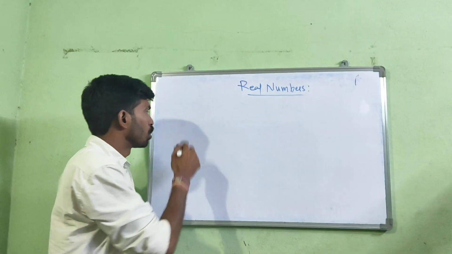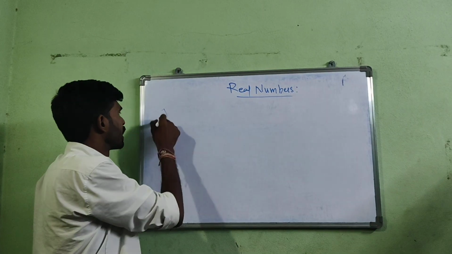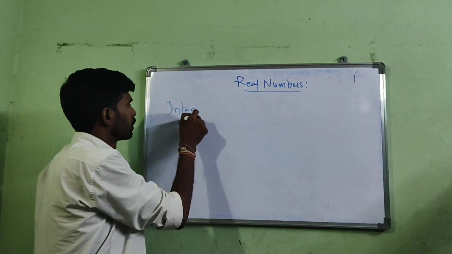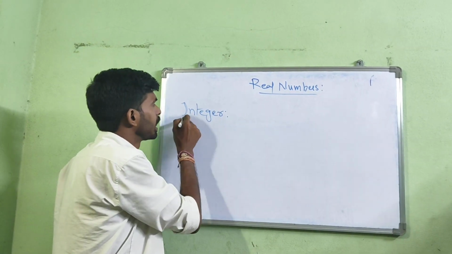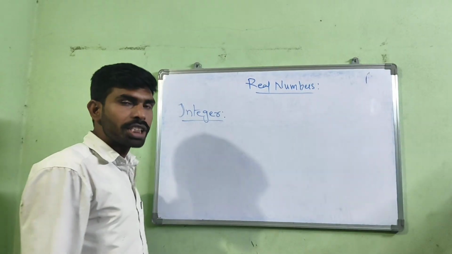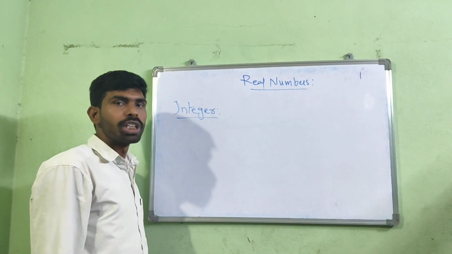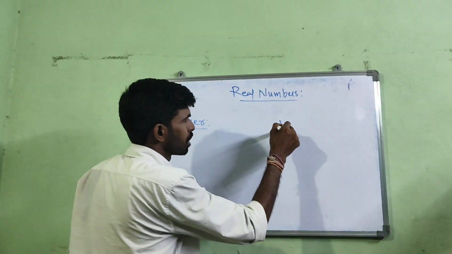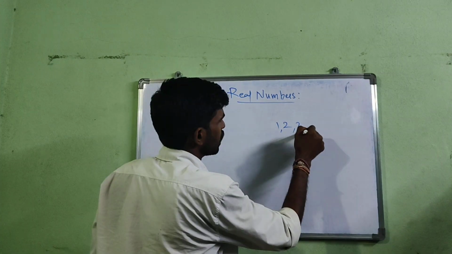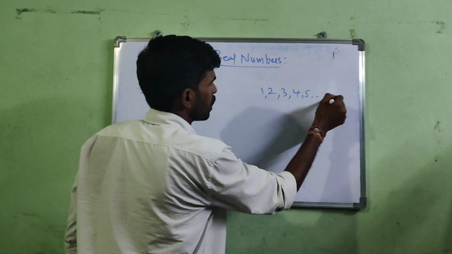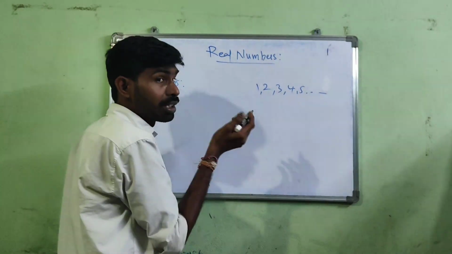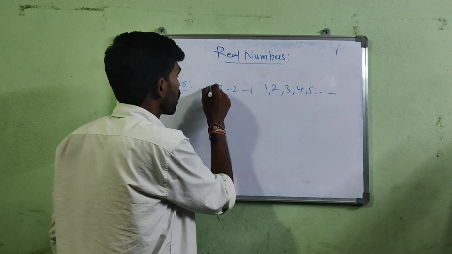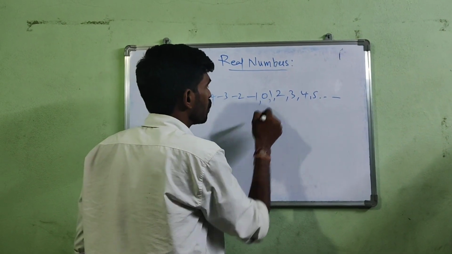Next, to know what is integers. Integers are nothing but positive and negative numbers including 0. For example, the natural numbers are 1, 2, 3, 4, 5 like this. Negative natural numbers are -1, -2, -3, -4, including 0.